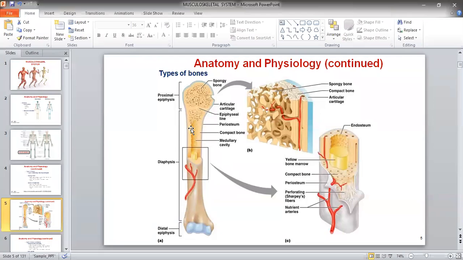A typical bone is divided into the proximal part, or proximal epiphysis, then the body, or diaphysis, and the distal epiphysis. The proximal epiphysis portion is spongy bone, but the body, or diaphysis, is compact bone.